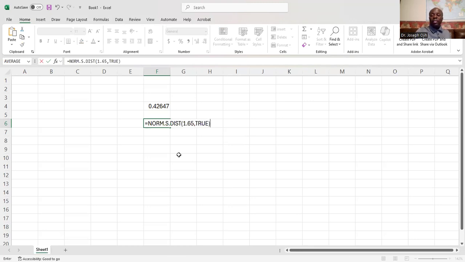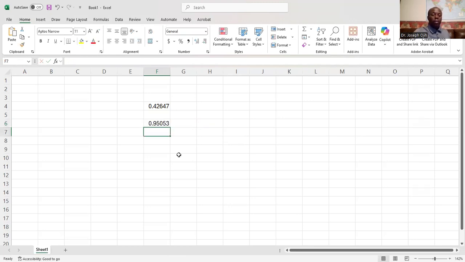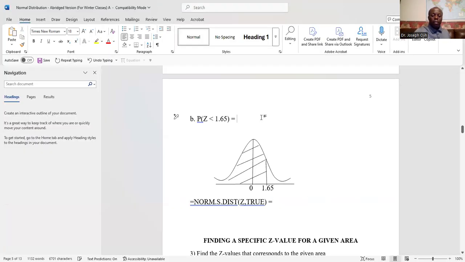Close it, then press the enter key to give you the area: 0.9505. Let me highlight this so that you can write it down.